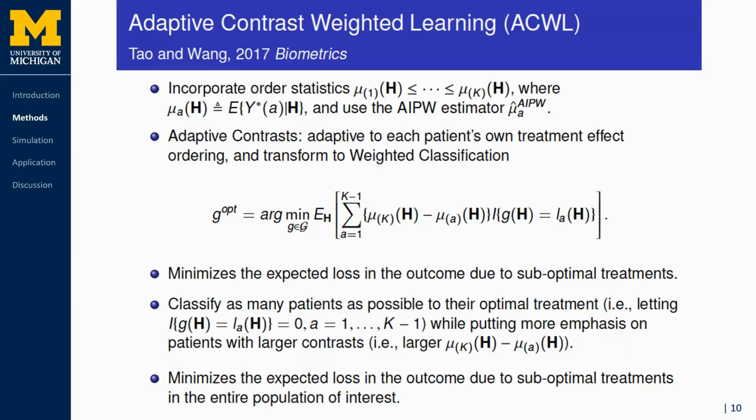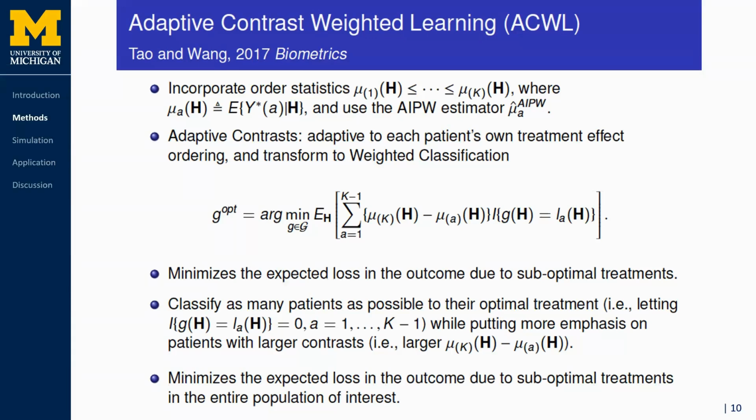The maximum loss uses the statistic of your conditional mean: the optimal option versus the worst. And the optimal one versus the next to the optimal one is the minimum loss. So if you use the bound between those two, you can take this weight outside of the summation, and that becomes a weighted version of classification.